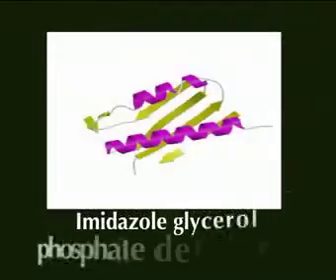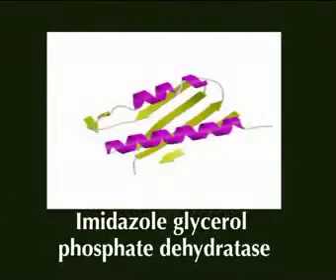Thus, the yeast His3 gene was able to be expressed in a bacterial cell and produce the yeast version of the enzyme imidazole glycerol phosphate dehydratase, and thereby complement the mutation in the bacterial hisB strain.